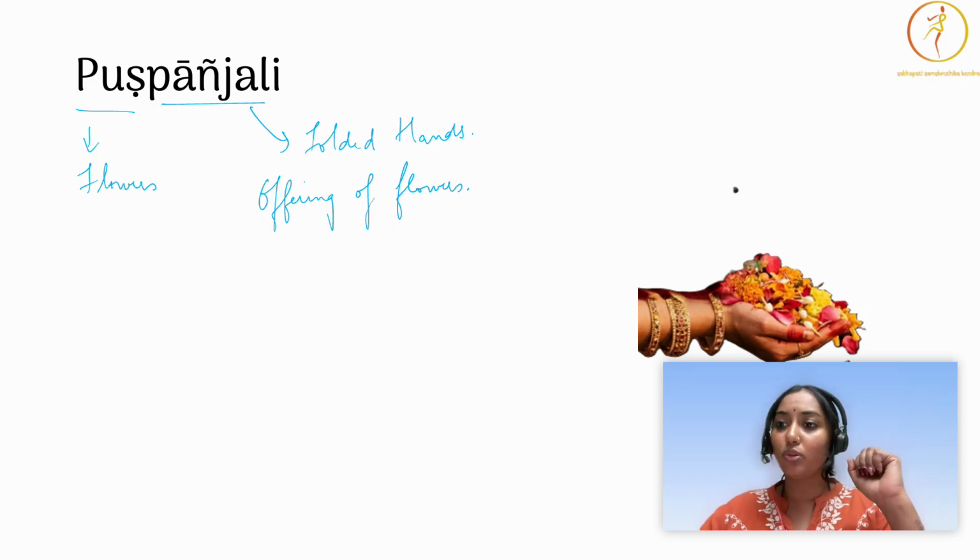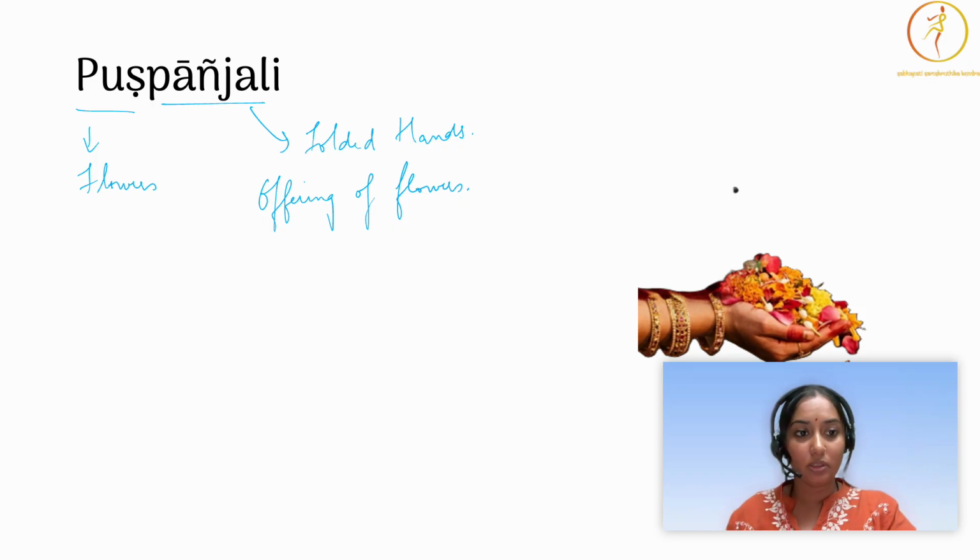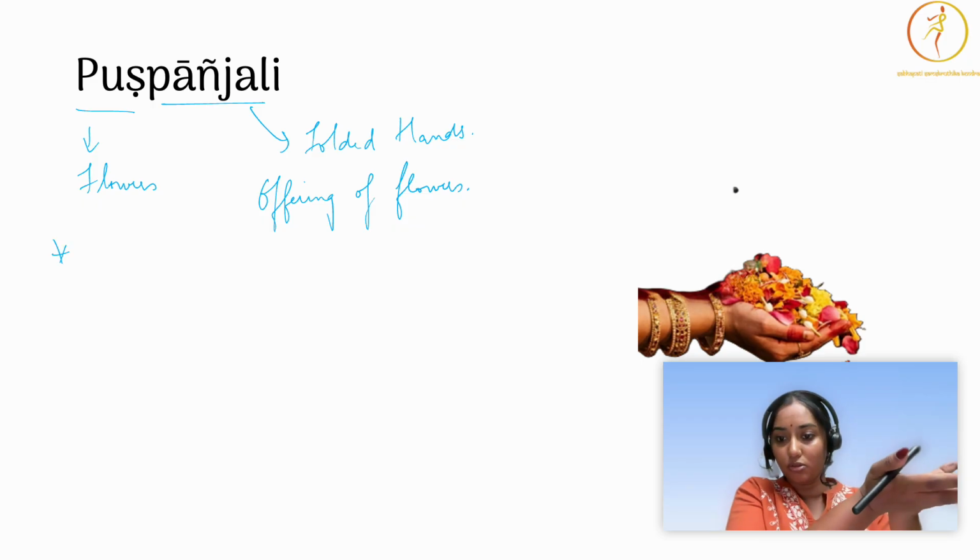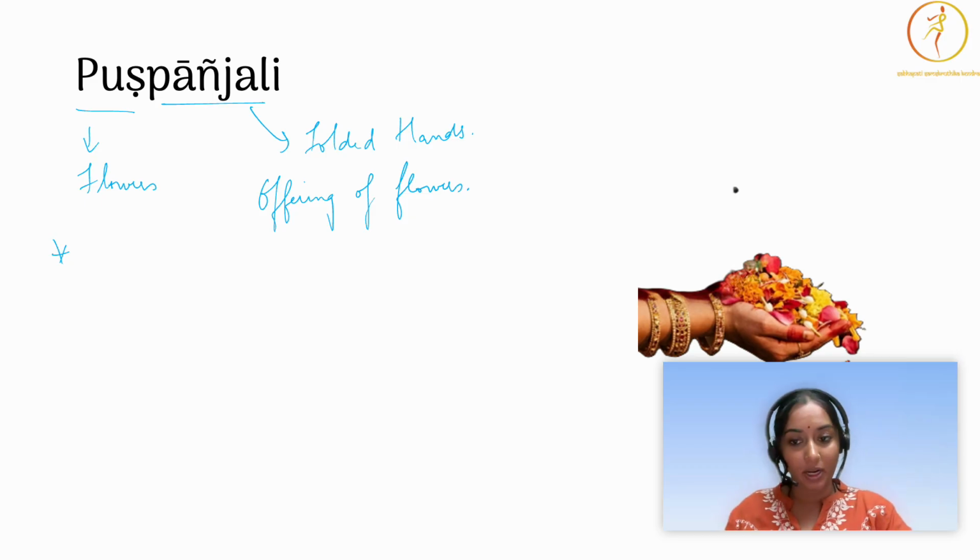So who do we offer this flower to? So we have a list. The Pushpanjali is usually offered in the center of the stage. Some dancers also do it to the Nataraja, to Bhagavan, to God, or to the deity. And you pay your salutations or your namaskarams to your guru and also to the audience.